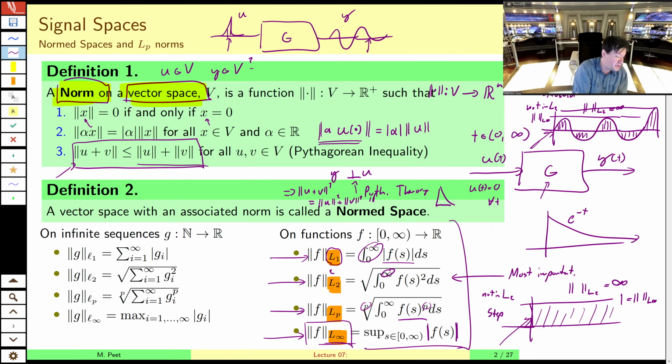Each of these, by the way, extends to the discrete time framework, where we've just replaced the integral with a summation, and here we've replaced the sup with a max. That max is the same version of supremum, where we just have a finite number of things we're checking, whereas here we're looking at every point. So an infinite number of points versus a countable number of points.